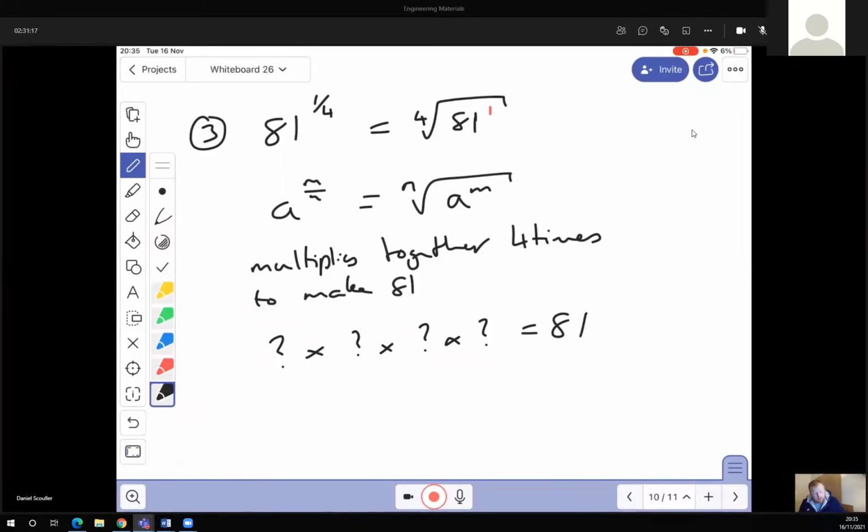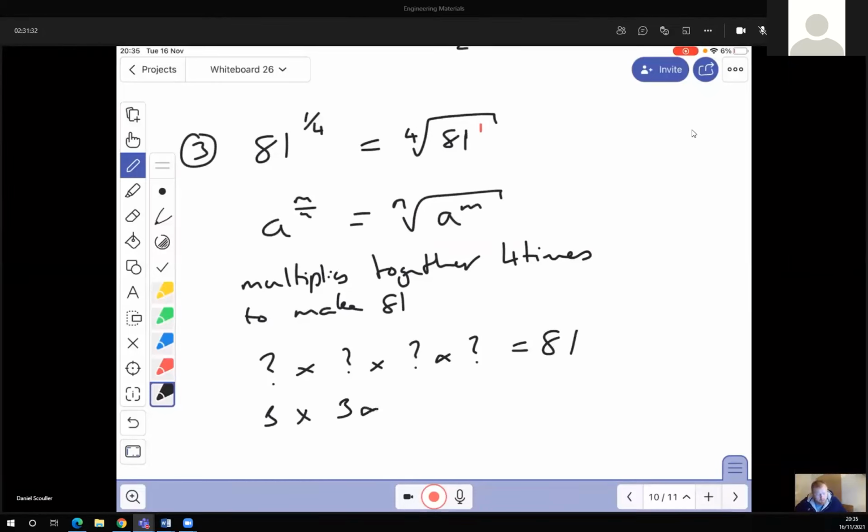Now you could go through it again. 1 times 1 times 1 times 1 is just 1. 2 times 2 times 2 times 2 is going to be 16. Let's try 3 times 3 times 3 times 3. 3 times 3 is 9, times 3 is 27, times 3 is 81.